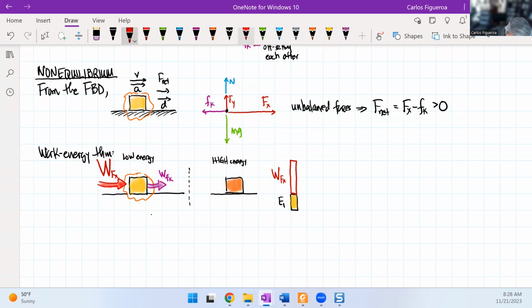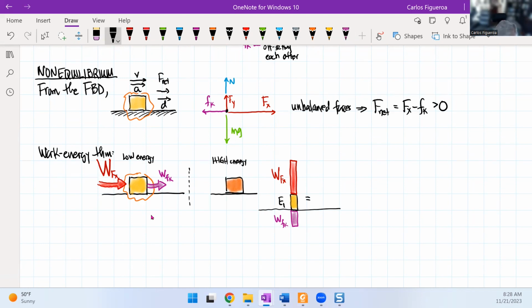And in this situation, you're seeing here that according to what we drew before, the only difference here is that there's more work done by f of x than friction.